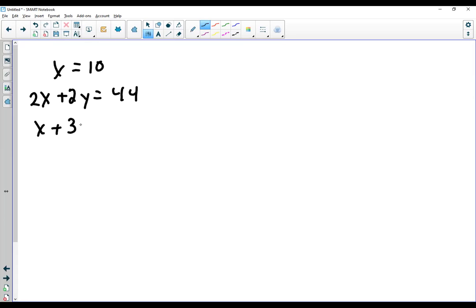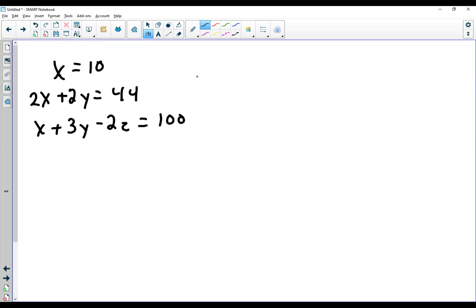X plus 3y minus 2z equals 100. Guys, stop talking. This is still a system of equations, which is the same instruction as well: solve the following, however way you want.